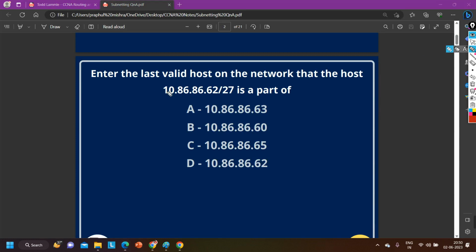You need to find first the network ID of this IP address. After that, you need to find the last valid host address of the network this IP address belongs to.